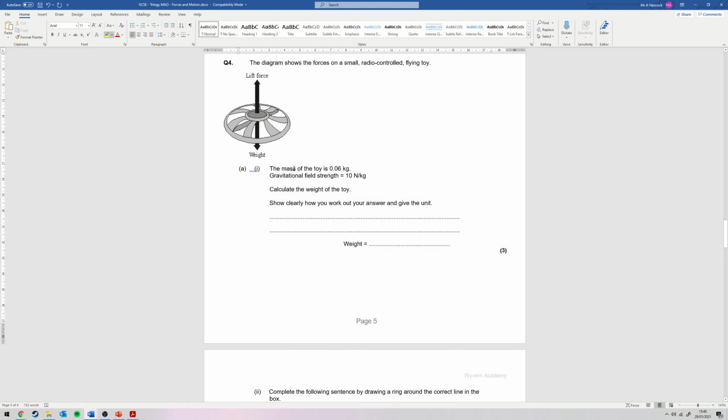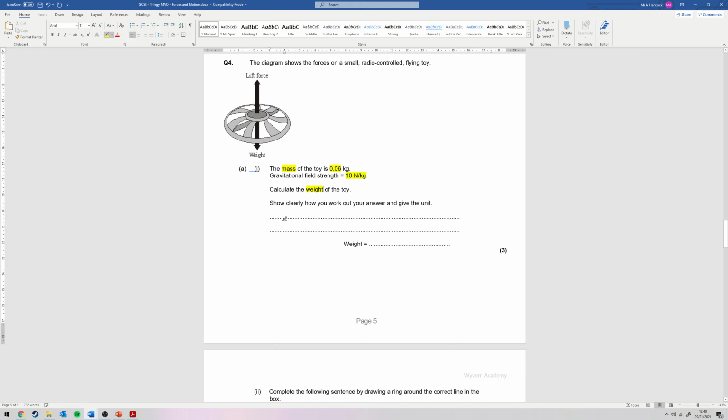Question 4. The diagram shows the forces on a small, radio-controlled flying toy. So here you've got the lift force pushing upwards, and you've got the weight pulling downwards. The mass of the toy is 0.06 kilograms. The gravitational field strength is 10 newtons per kilogram.